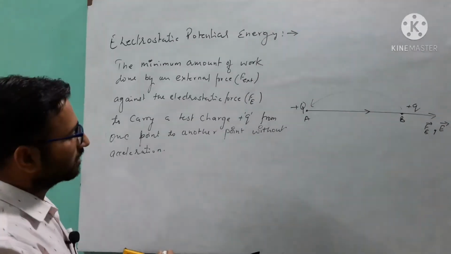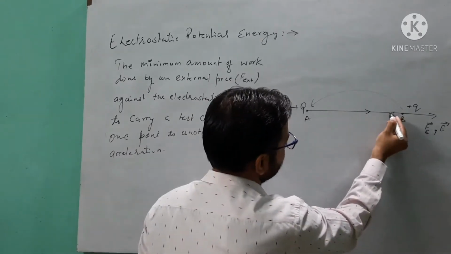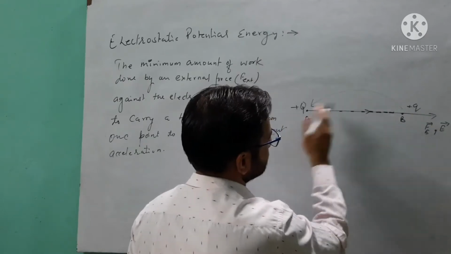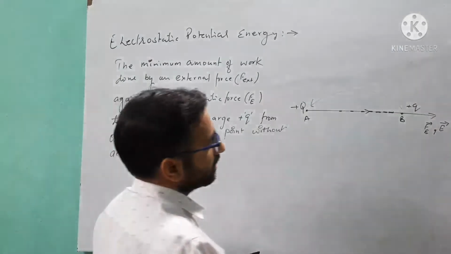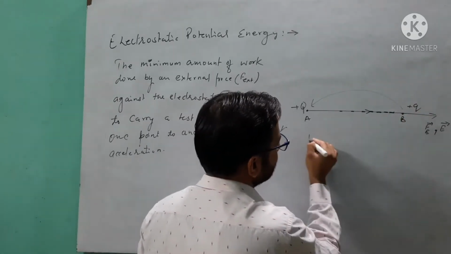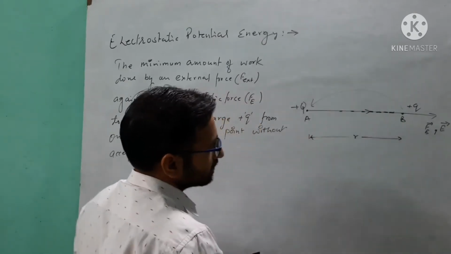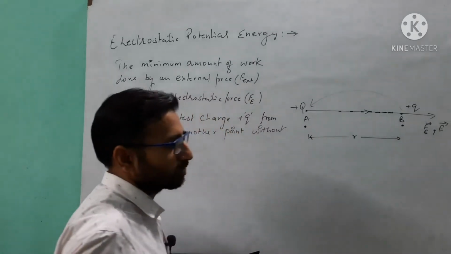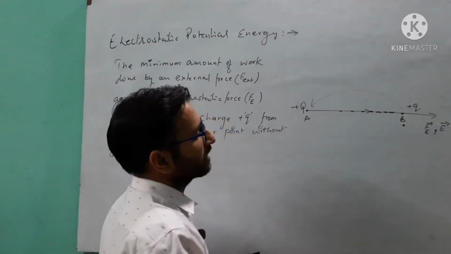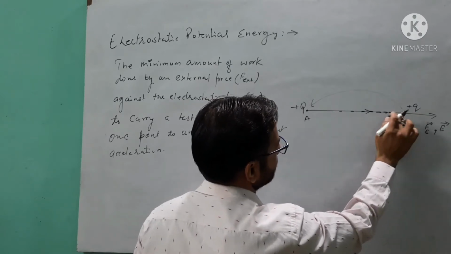As we carry this charge from point B to point A, we will carry it by parts, in small distances from point B to point A. Suppose the charge placed at B is at a distance R from it, so we are carrying the charge from this R distance to zero distance. By the external force, thinking in integration form, we will carry the charge by parts from point B to point A. Suppose this small distance is represented by dr.